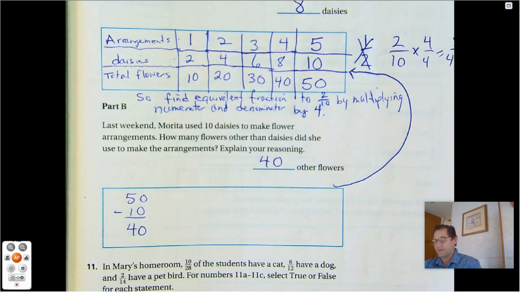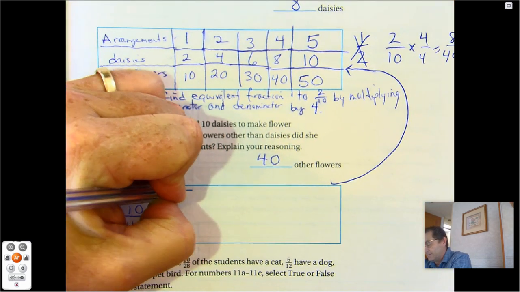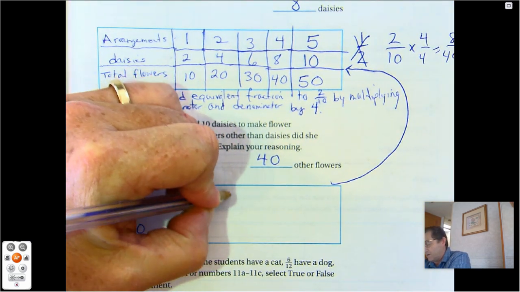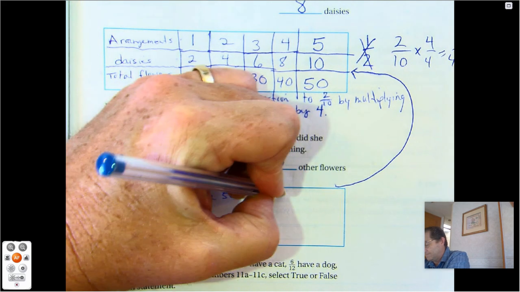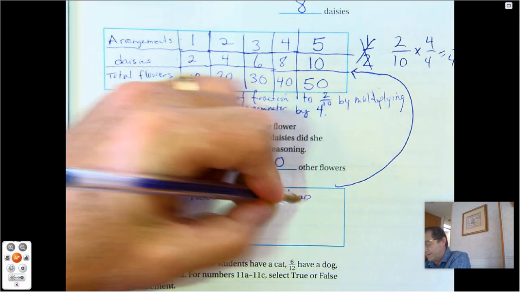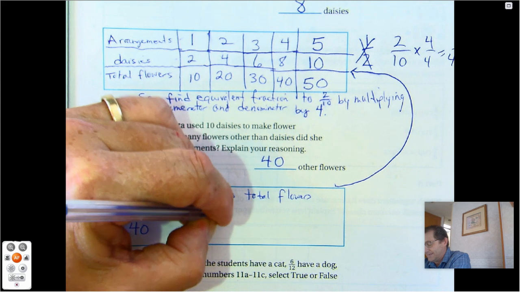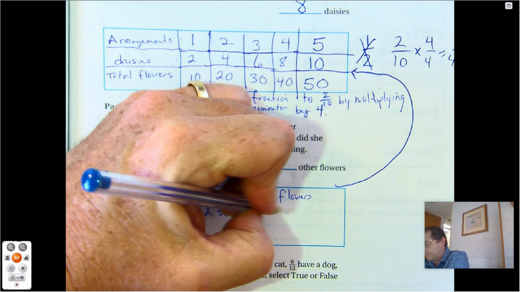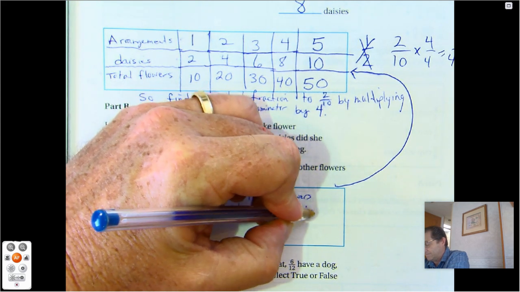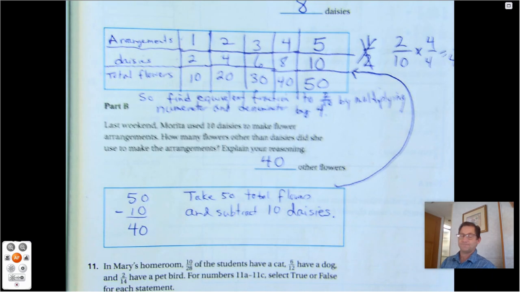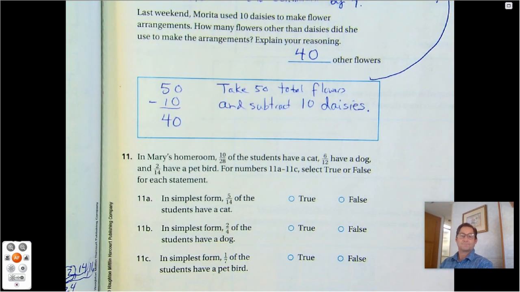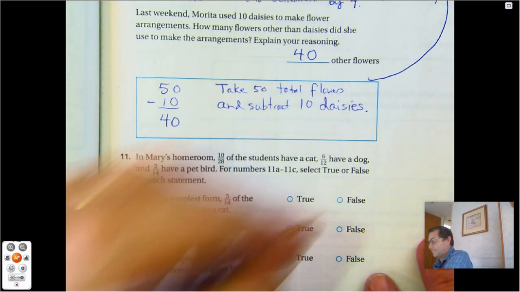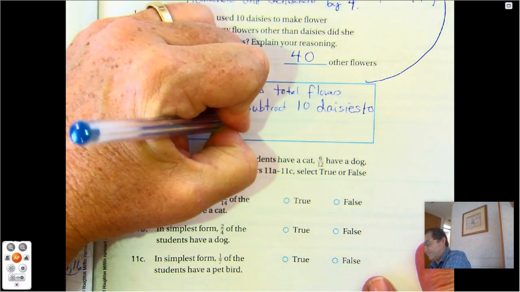So take 50 total flowers and subtract 10 daisies to get 40 other flowers.